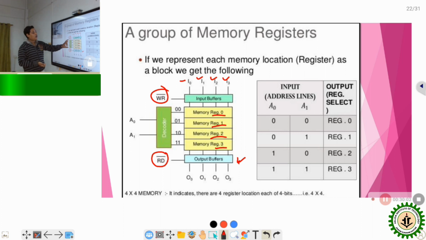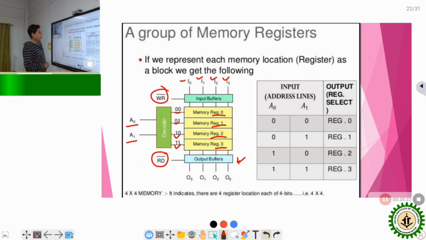As in this particular diagram only 4 registers are present, 2 address lines will be sufficient. 2 address lines through the decoder can produce 4 combinations: 00, 01, 10 and 11.